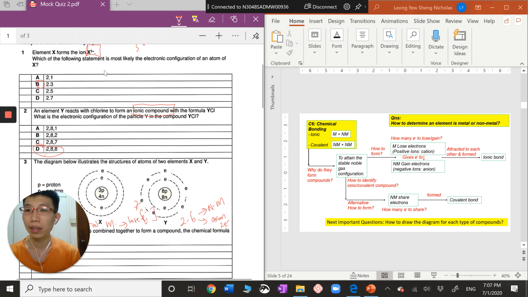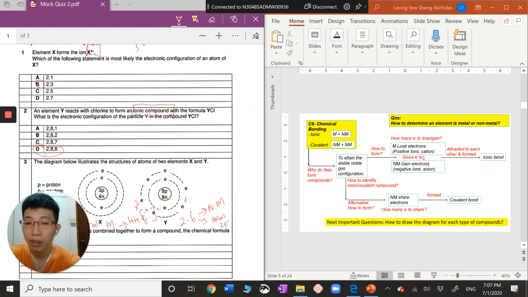For question 2, an element Y reacts with chlorine to form an ionic compound with the formula YCl. What is the electronic configuration of the particle Y in the compound YCl? This is an ionic compound, and Y is already an ion when it forms YCl, so we're looking at the ion.